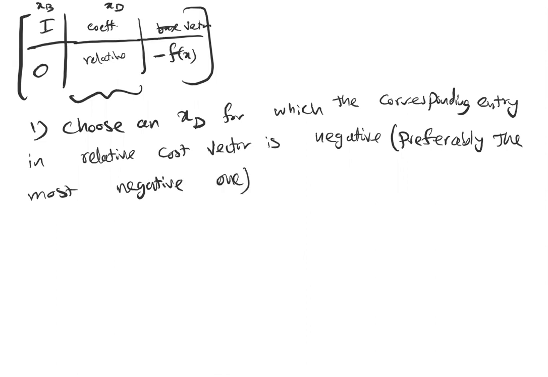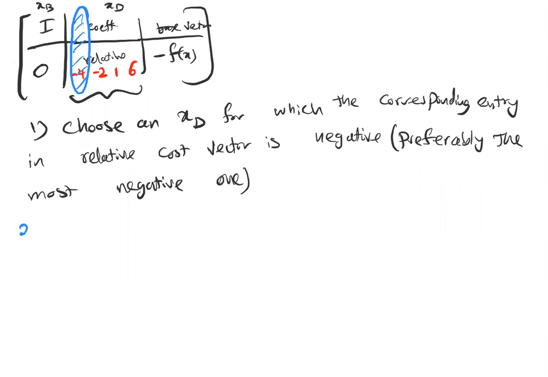So what does that mean? If these values are minus 4, minus 2, 1, and 6, we are going to choose the xd, the non-basic variable that corresponds to minus 4. So this is the column that we are going to choose.